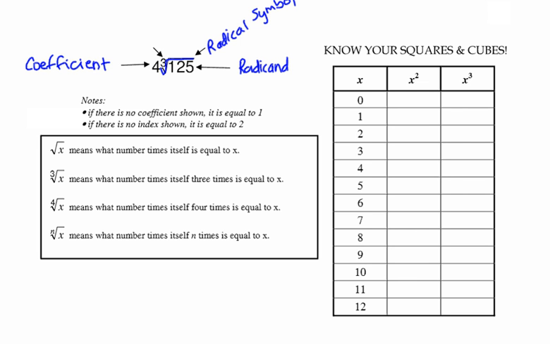And the little 3, we don't write it for square roots. We always assume it's a little 2 if it's not written. It's called an index. That tells us if it's a square root, a cube root, a fourth root, a fifth root.